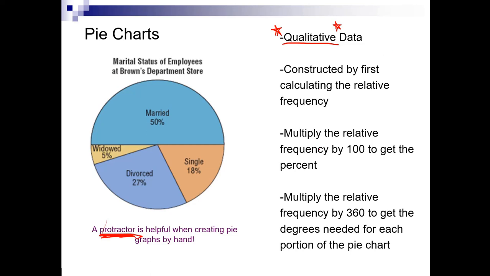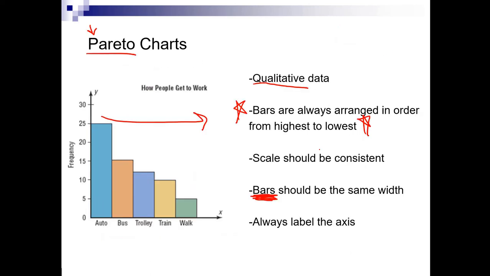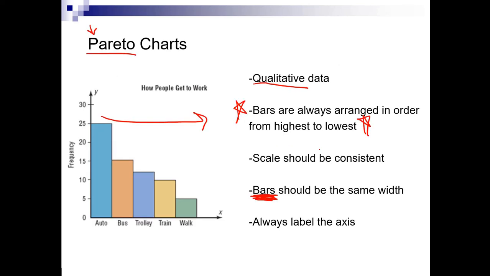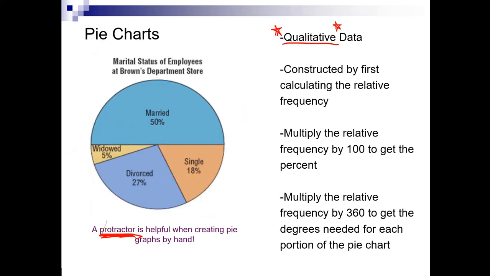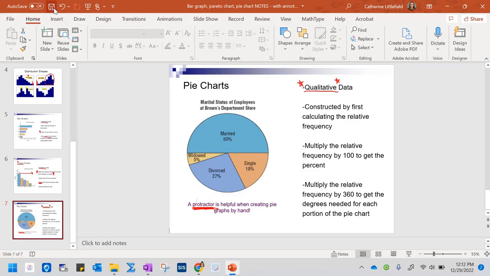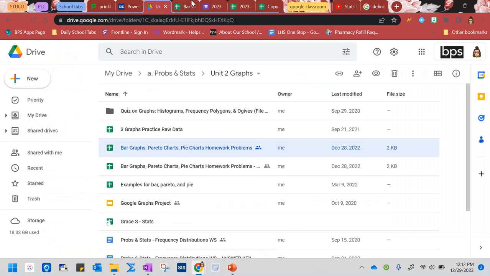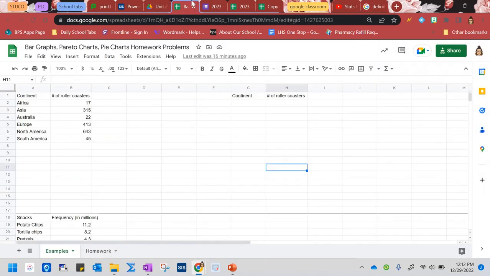But quite honestly, when we talk about all three of these graphs, the pie charts, the Pareto charts, and the bar graphs, and histograms even, and frequency polygons and ogives, we don't really construct any of those graphs anymore by hand. In the real world now, we use different types of software or different types of technology in order to create all these graphs.